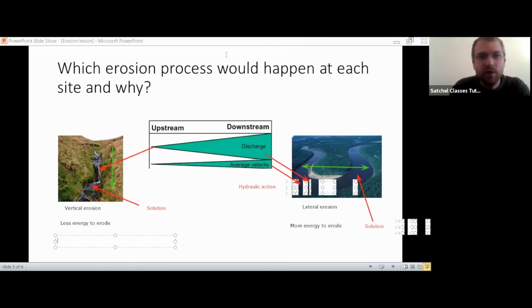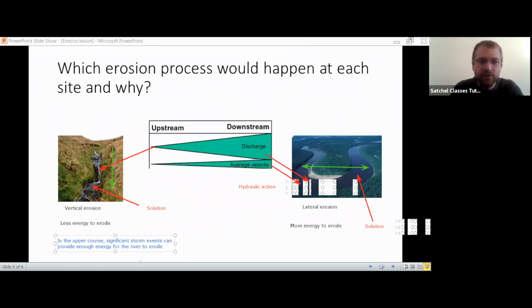Okay, so I'll just put this in a different color, so I'll put it in blue. So in the upper course, significant storm events can provide enough energy for the river to erode.